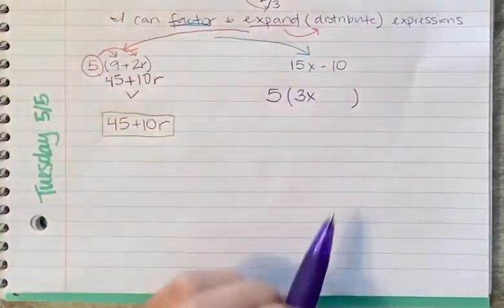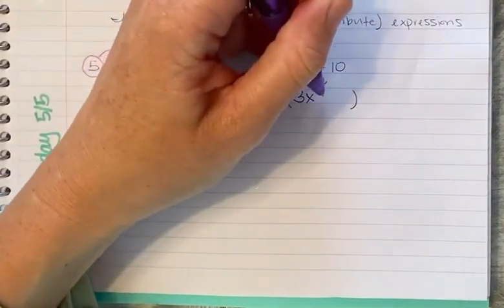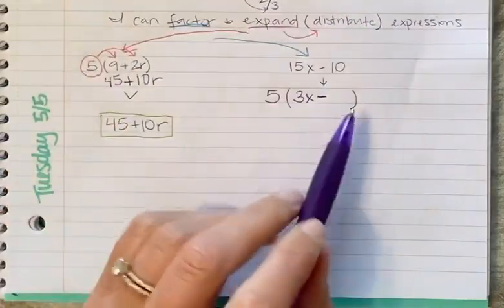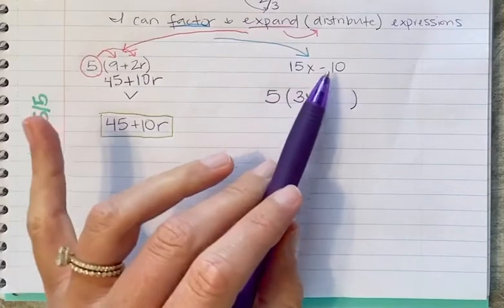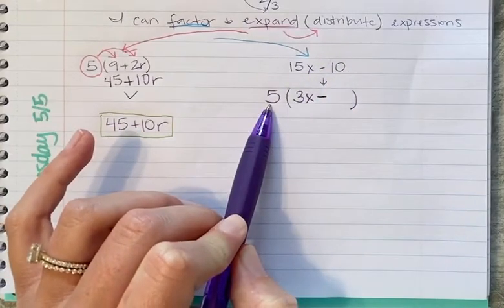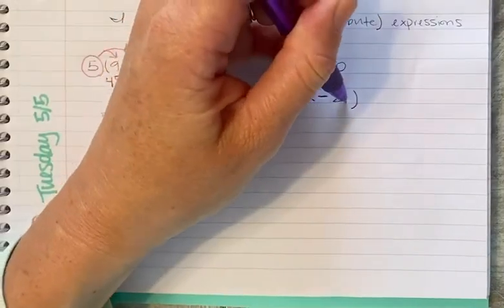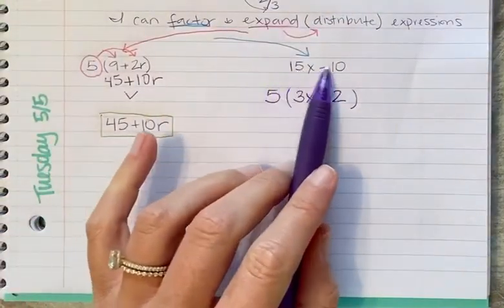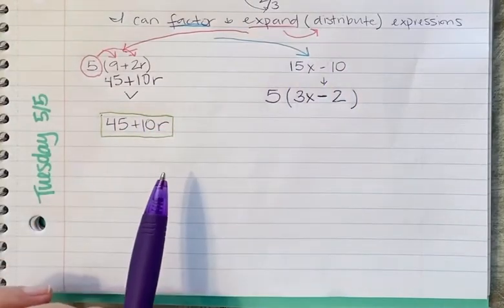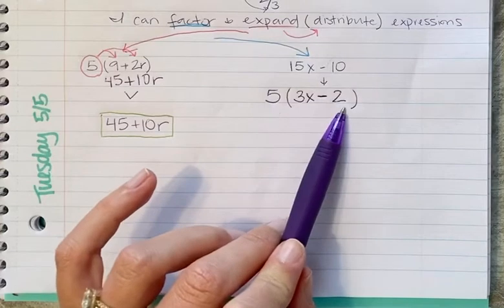The x comes with it. I keep my symbol the same, so this subtraction sign follows into the parentheses, and then same thing. If I were to take this number 10 and pull a group of 5 out of it, 10 divided by 5 is 2. So 15x minus 10 would factor as 5 times 3x minus 2.